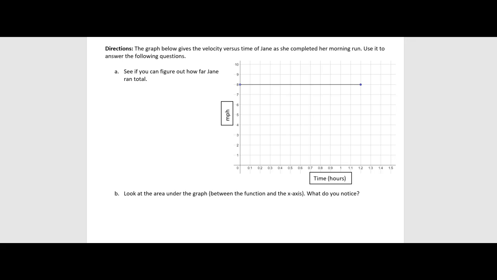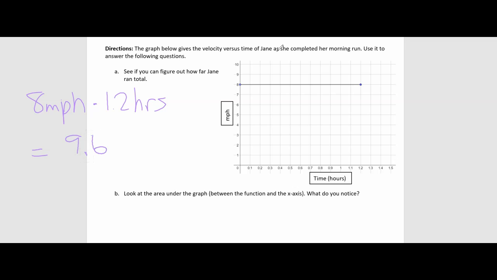Well, if she's running 8 miles per hour for 1.2 hours total, we should just be able to do a little multiplication. 8 miles per hour times 1.2 hours. We could actually pay attention to our units here because they are going to simplify. But number-wise, we get 9.6.